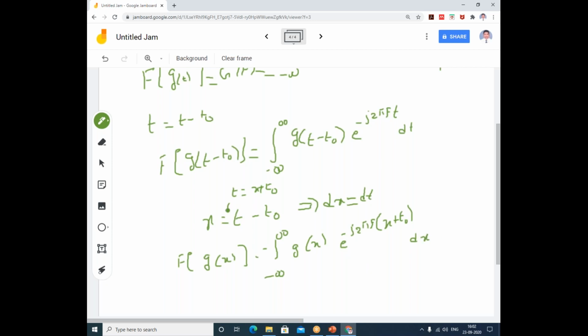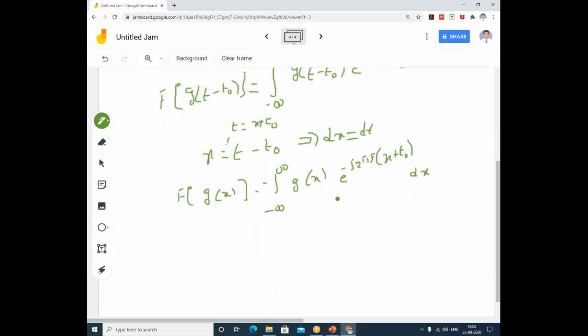Now please try to understand, as you have the function with a variable of x, and you are doing the integration also with respect to x. So please separate the rest of the terms other than x. I can write integral from minus infinity to plus infinity g of x.